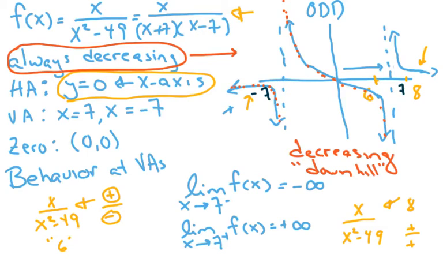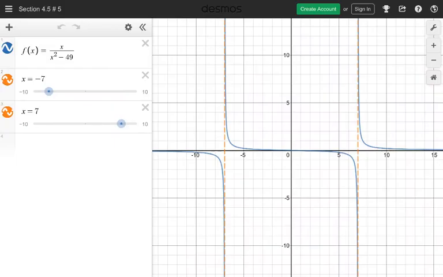And then we jump over the last asymptote. We start way up here, but as we move in the direction to the right, we are going downhill. So yes, this checks out too. So let's just take a quick look at the Desmos graph. All right, here is our graph, and it looks sort of like what I drew.